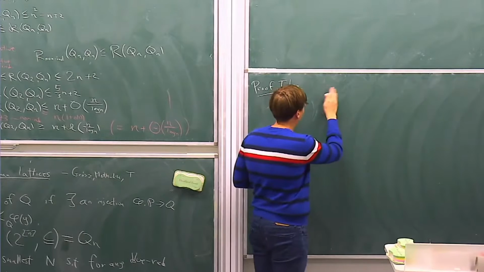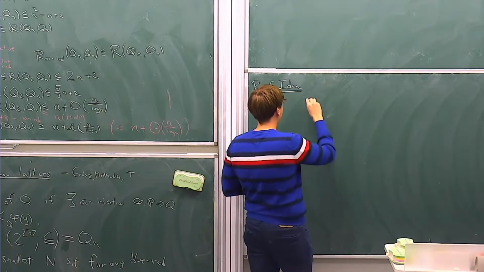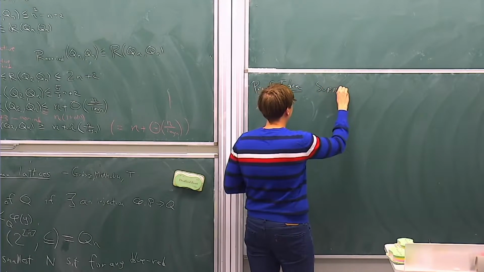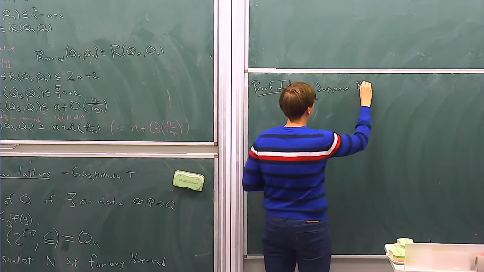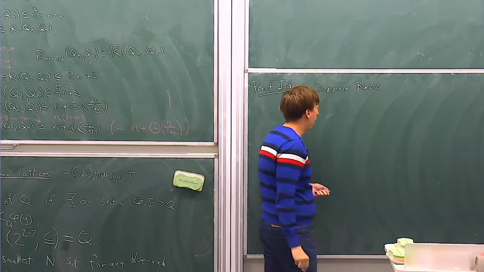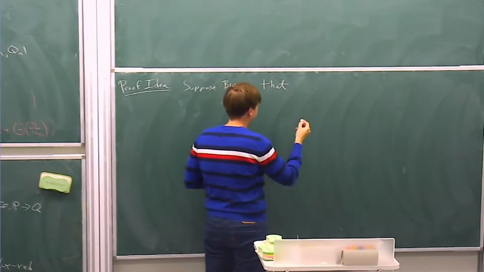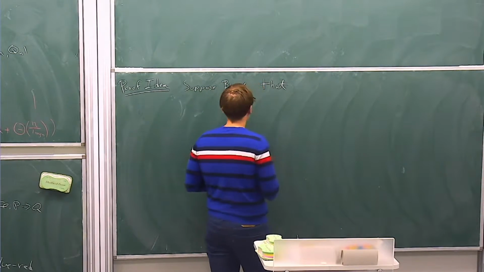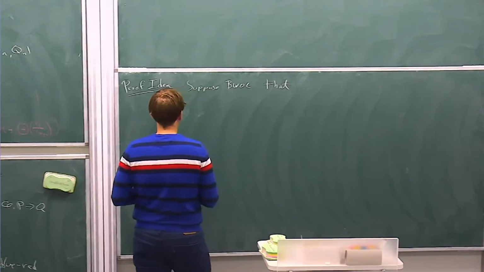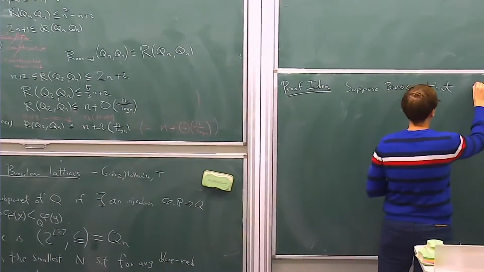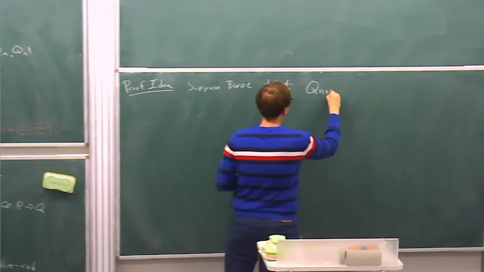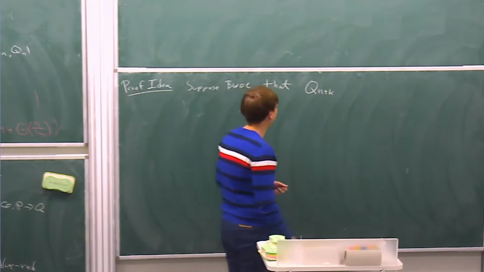So suppose, by way of contradiction, that we can take Qn plus k. I'll tell you what k is in a second.